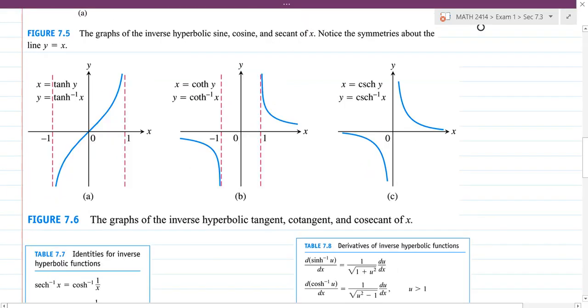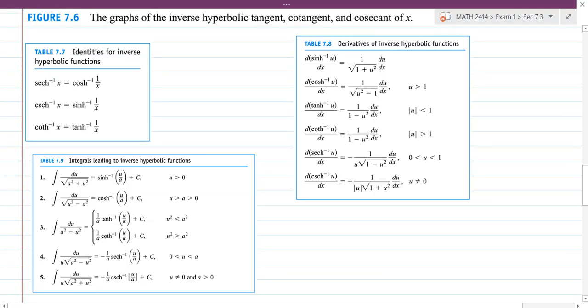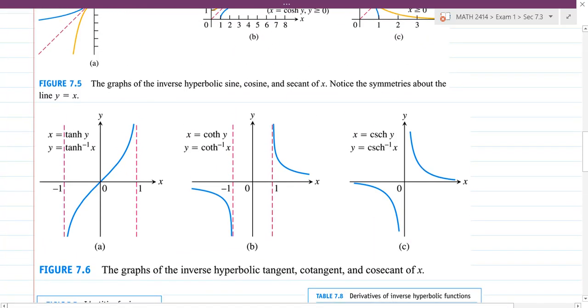And then we have the properties of the inverse hyperbolic trig functions. Just like with regular trig functions, to get an inverse from a function, you just switch x and y and solve for y. So the graphs of the inverse hyperbolic tangent, cotangent, and cosecant functions of x are given above.